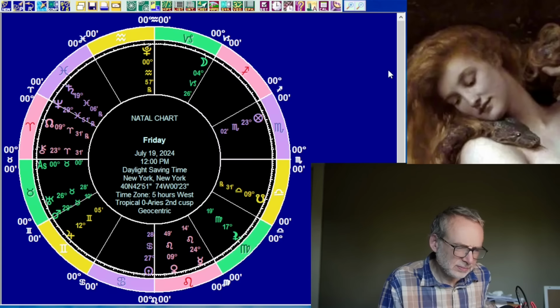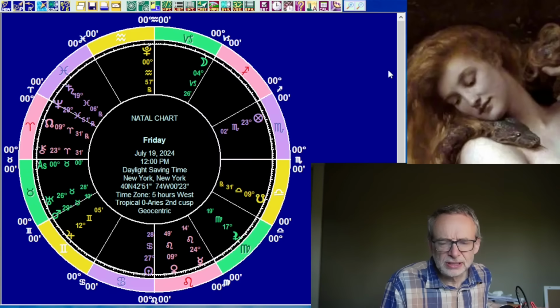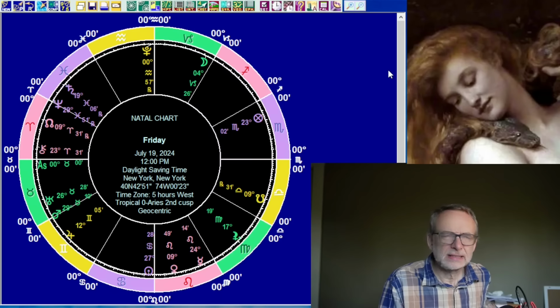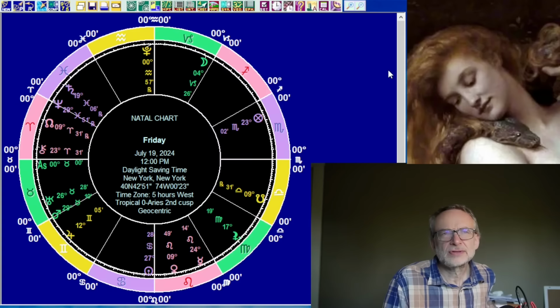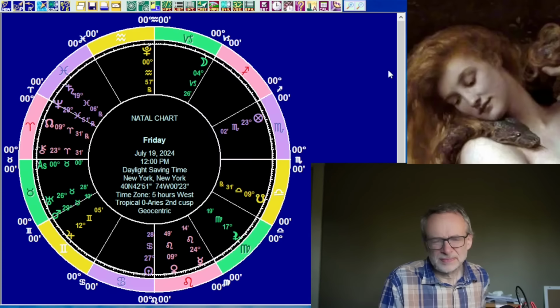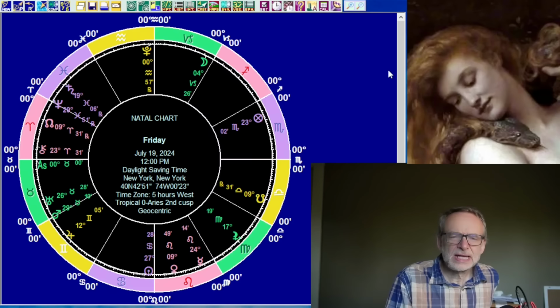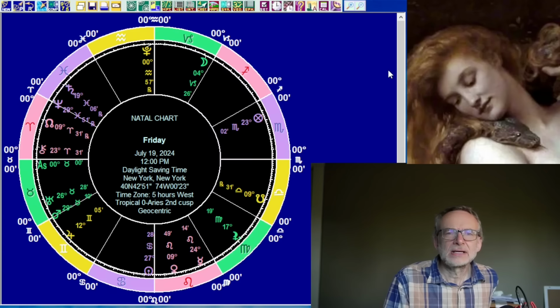Though you can't expect things to just happen immediately. And as I think I was saying for Taurus yesterday, you have to consider your capacity for changing things.